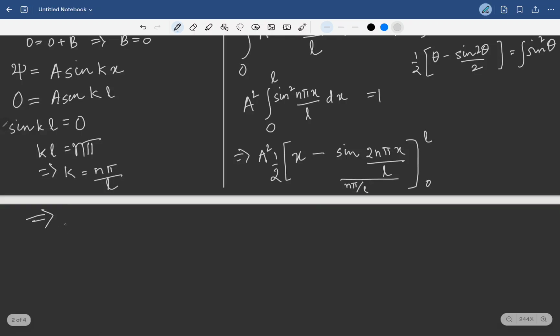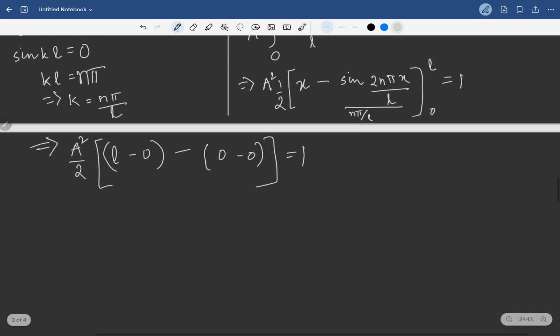It implies that A squared into A squared by 2 into L. Here 2n pi x becomes 2n pi L, the Ls cancel out. This is sine 2n pi, which becomes 0, minus 0, minus 0, minus 0 is equal to 1.